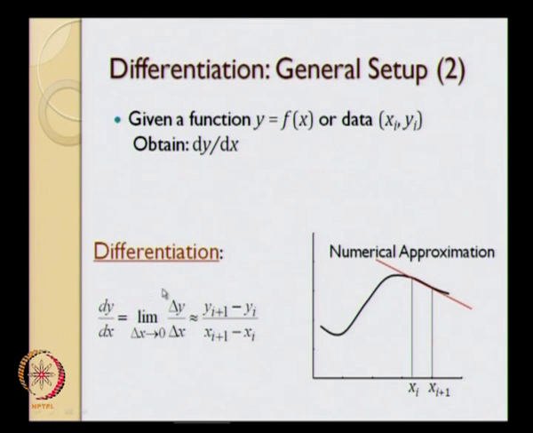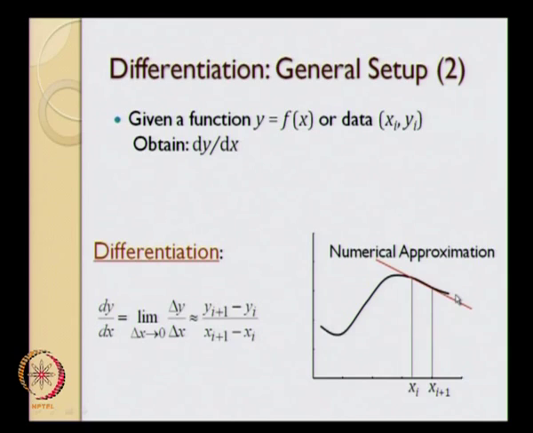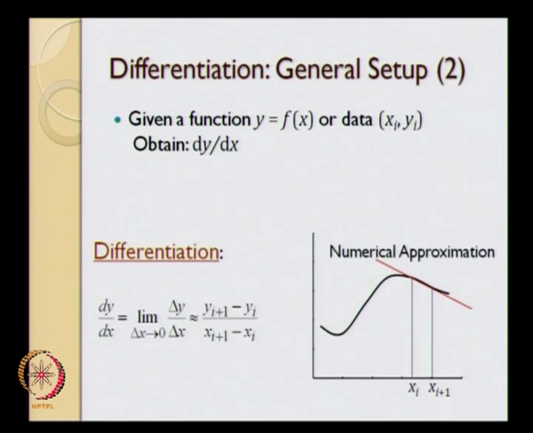This particular method is just a first order method for numerical differentiation. We will use Taylor series expansion to get higher order and more accurate methods. That is the overall general setup, and if we compare the slope of the actual tangent with the numerical approximation of the tangent in this figure, you can see that the slope of the two red lines is different.